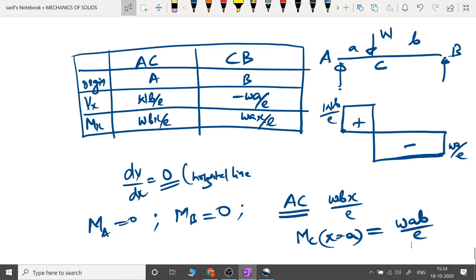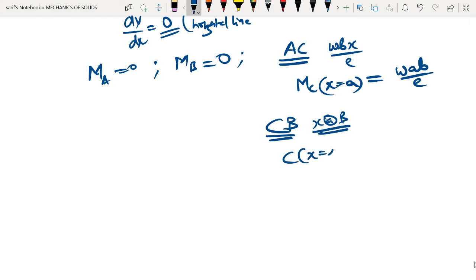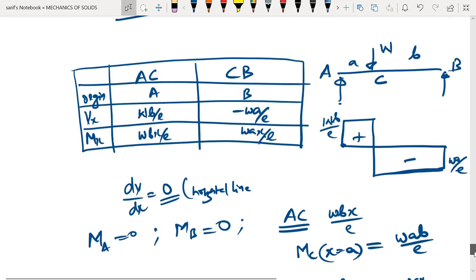Now if we consider the expression for the region CB, here x is starting from the point B, and C is at x is equal to b. The expression for Mx is Wax by L. If you replace, you will get MC as again Wab by L. These are going to be the same values, and they are also positive.